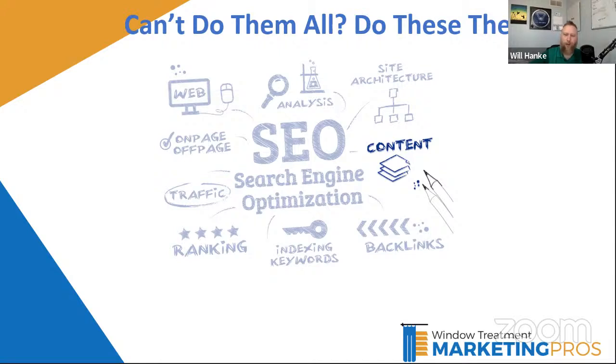There are other ways to create content, such as, obviously, a gallery of images, especially before and afters. People love looking at those because they can see in their mind how their house could potentially look as well.